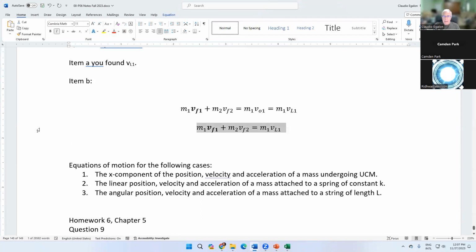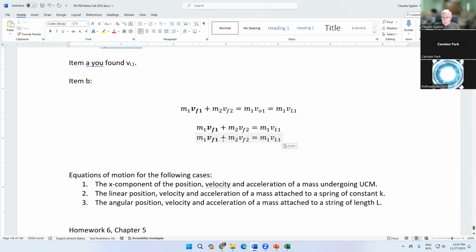Next, we pass this one to the other side. We still do not have VF2, right? How do we find VF2?